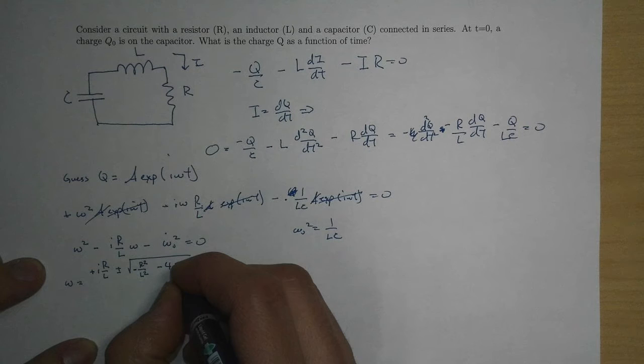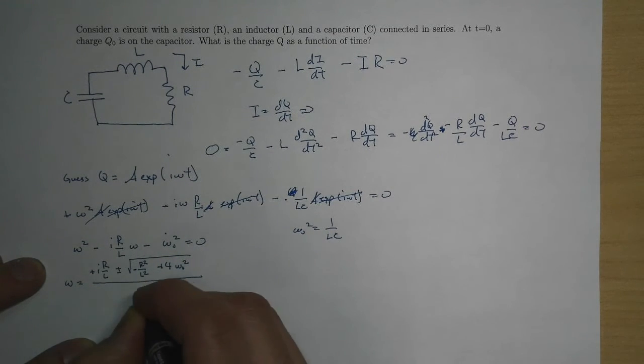A is 1, C is minus omega 0 squared, so it becomes a plus, all divided by 2A, that's a 2.